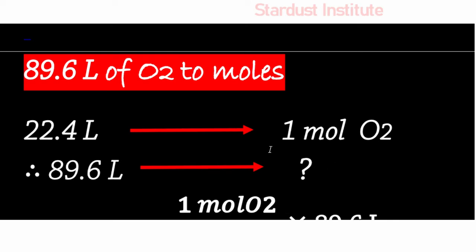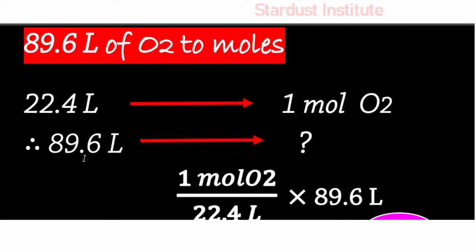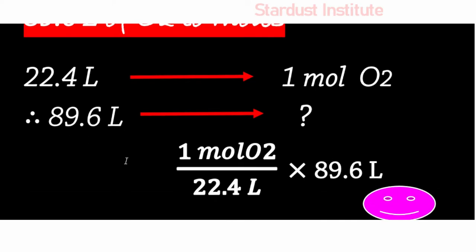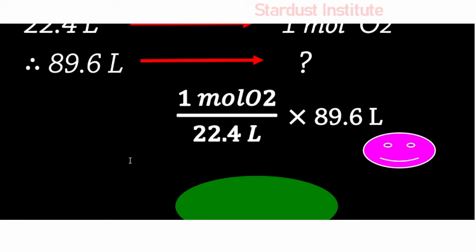We can find it in this way: 1 mole O2 divided by 22.4 liters multiplied by 89.6 liters. Here we should cancel out units.